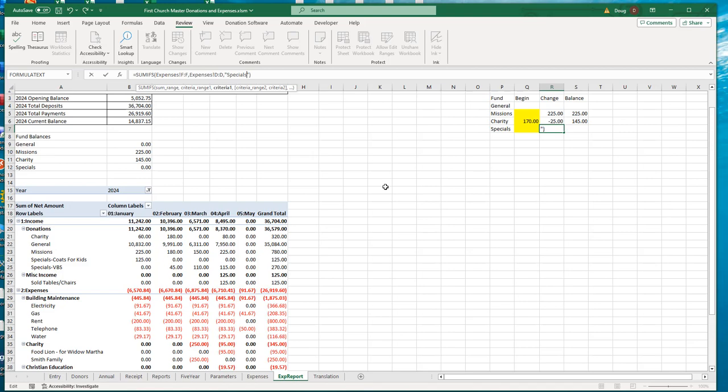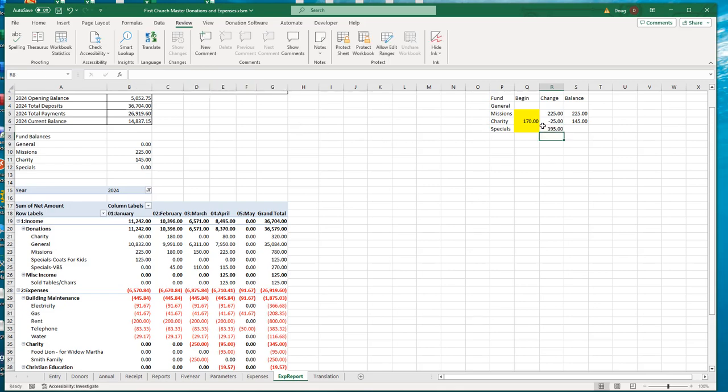The other option you have is to put in an asterisk. And what that says is the text will begin with the word specials, and then I don't care what letters, what characters, or how many there are at the end of the word specials. So it's a wild card kind of a lookup.